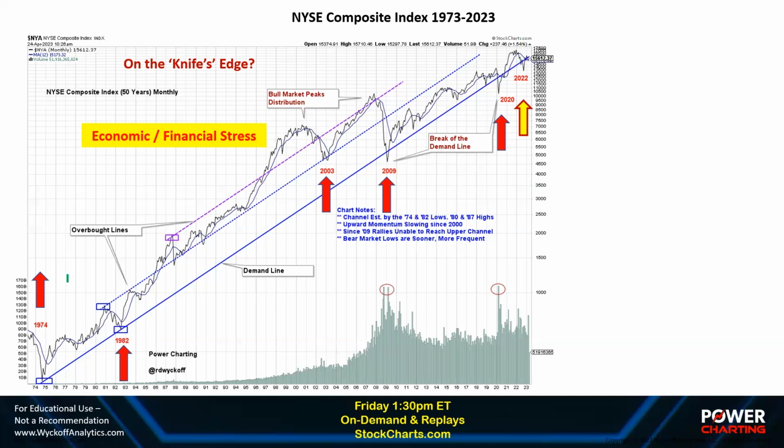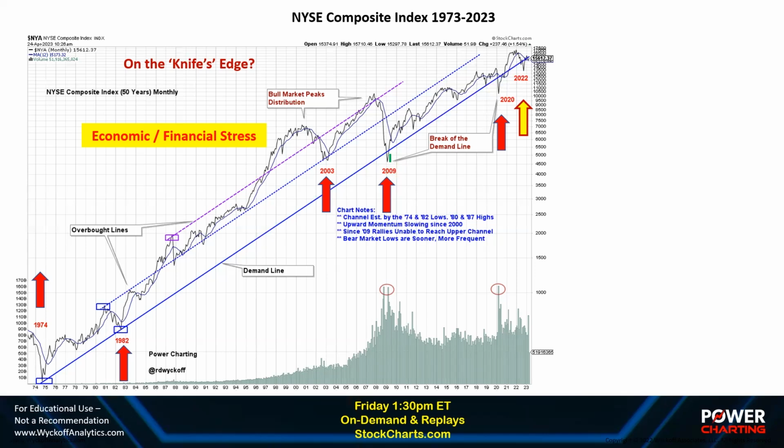And each time in this very large stride of an uptrend off the 74 lows, every time we had an important reversal back either to an overbought line in this case, or in the 09 lows where we dipped below the demand line, that was a period of high economic financial stress. And so in each case, the system got to work in the form of the Fed and the Treasury and other central banks and started to add liquidity aggressively to the system.